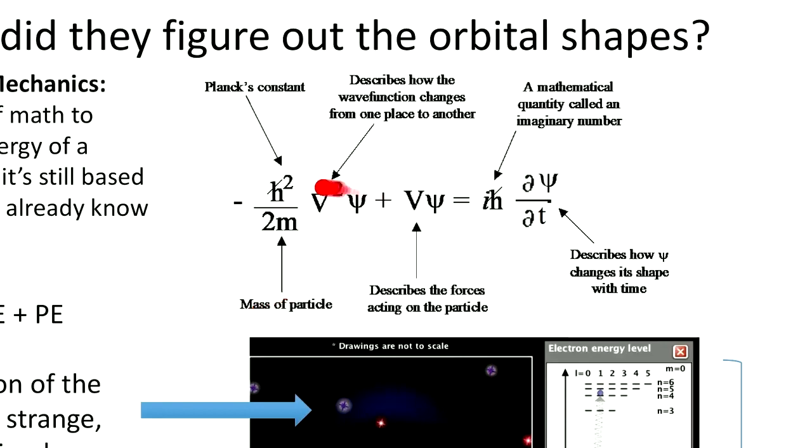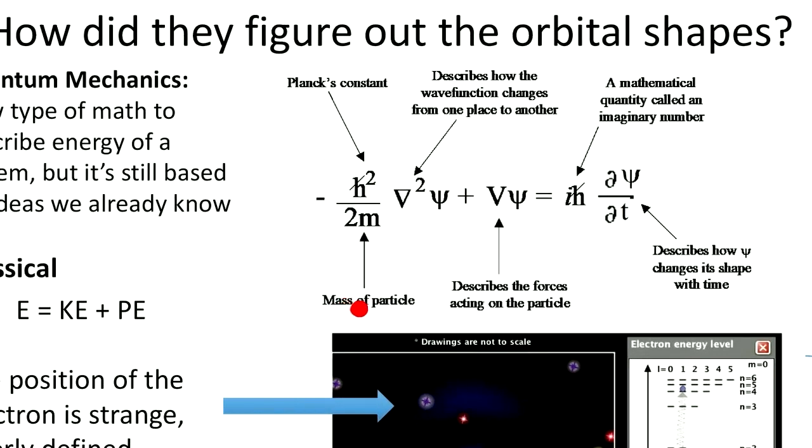So if we look at this first term, where it has this mass term and how the wave function moves from one point to another, doesn't this term kind of sound like kinetic energy, right? Kinetic energy is mass times velocity squared, right? So it's taking this mass factor and velocity factor, putting that together. So this term kind of sounds like kinetic energy, doesn't it? And let's look at the term we're adding it to. So this term in our Schrödinger equation describes the forces acting on a particle.